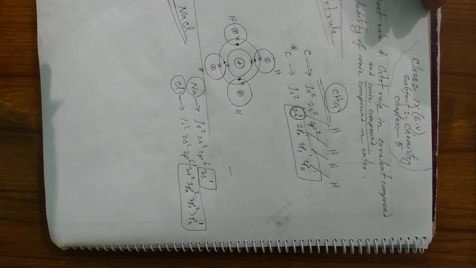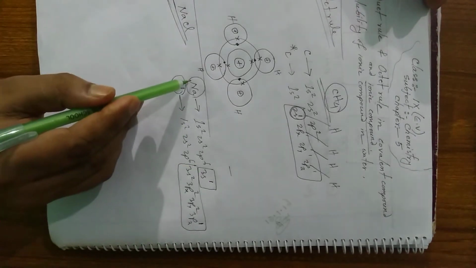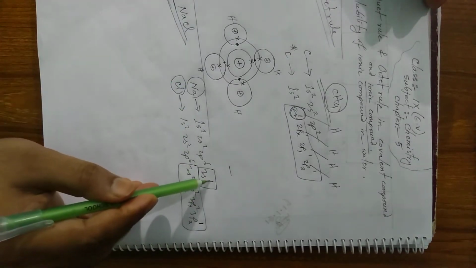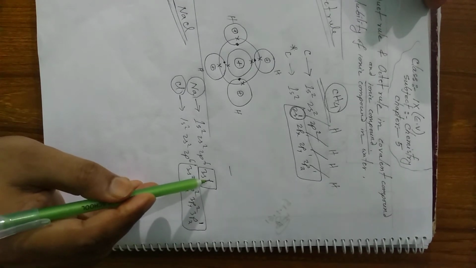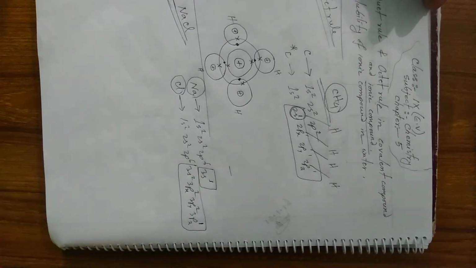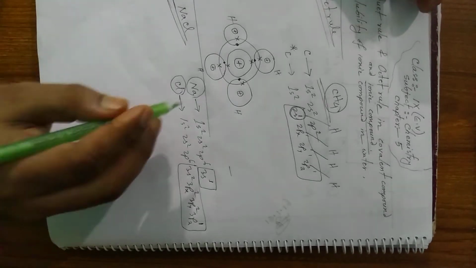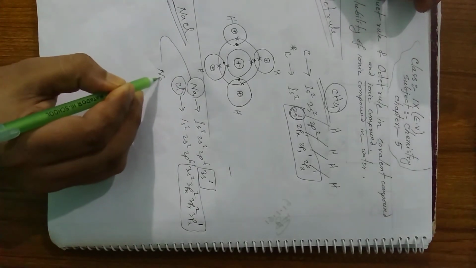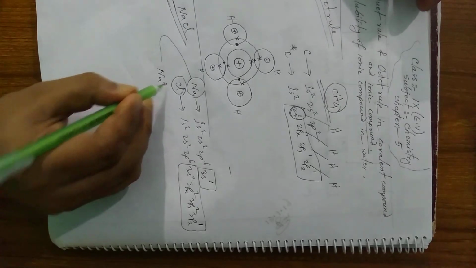So when sodium eliminates or donates the electron of the last orbit, it forms Na plus.